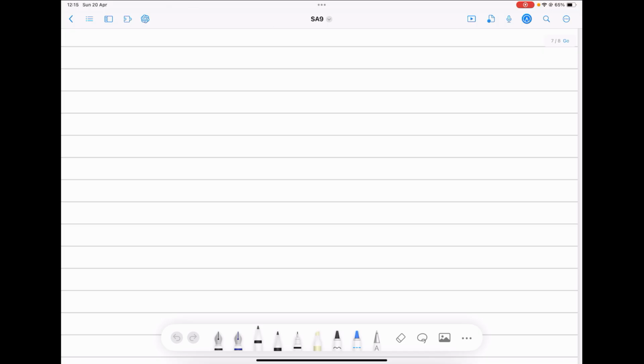ICG is equal to the original part moment of inertia with respect to center of gravity.